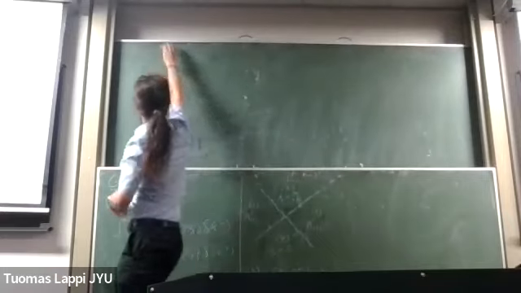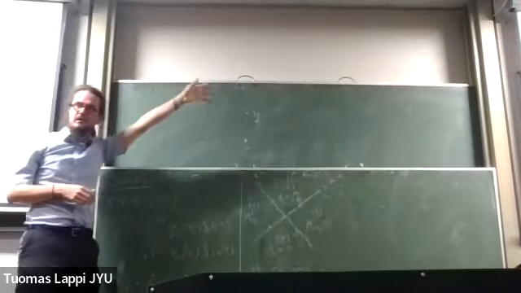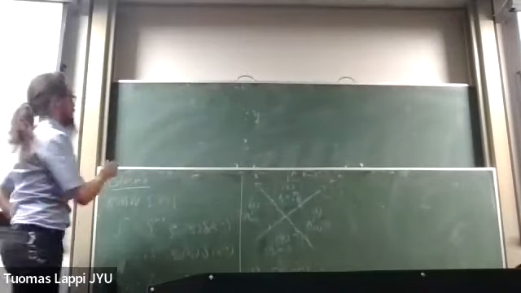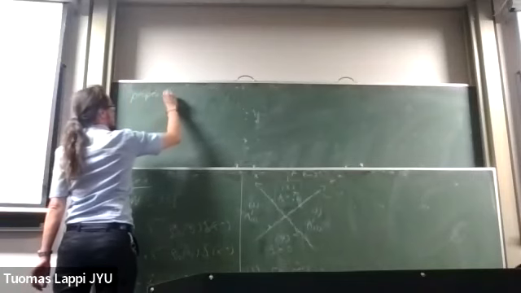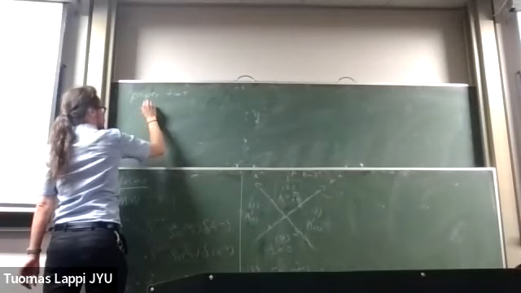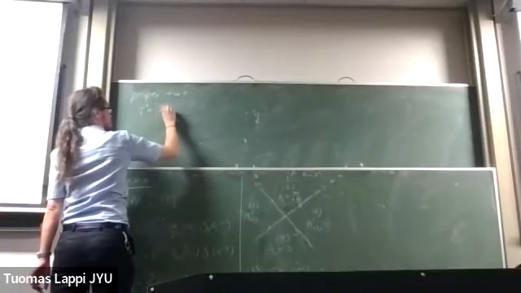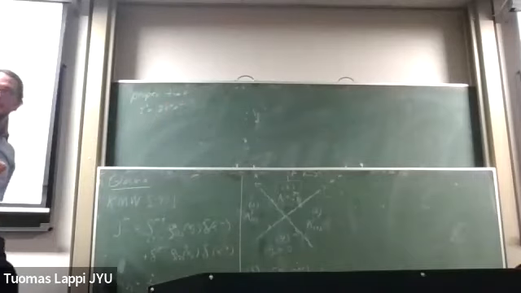Here I'm using proper time, and I will be doing this calculation in proper time and space-time rapidity coordinates. So proper time is defined as tau squared equals 2 x plus x minus.